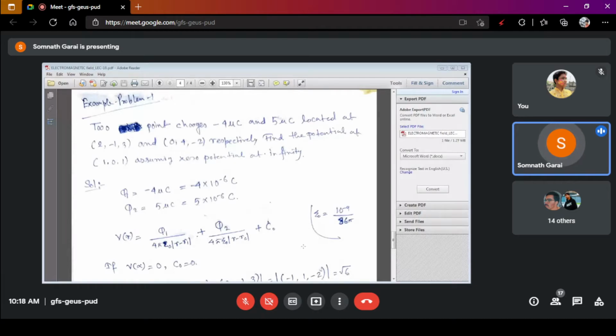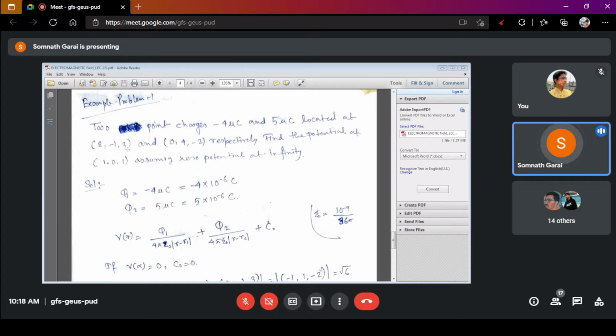let us move to one example in electric potential. Now two point charges: one's value is minus 4 microcoulomb, situated at vector location (2, -1, 3).